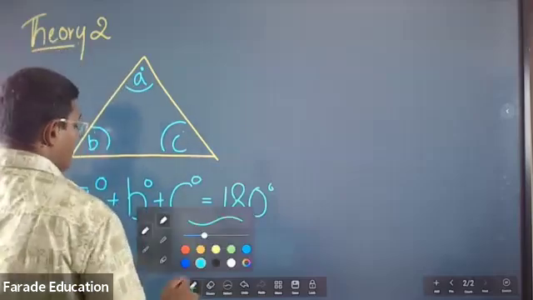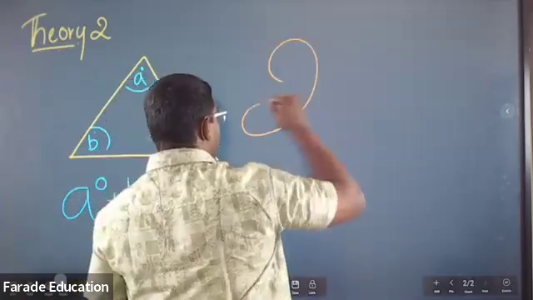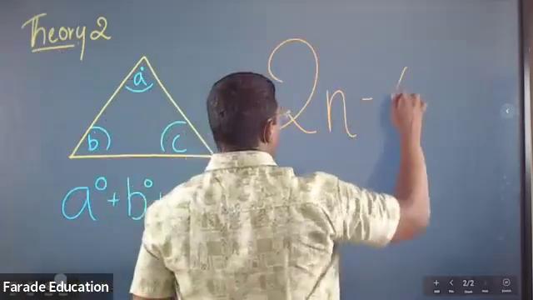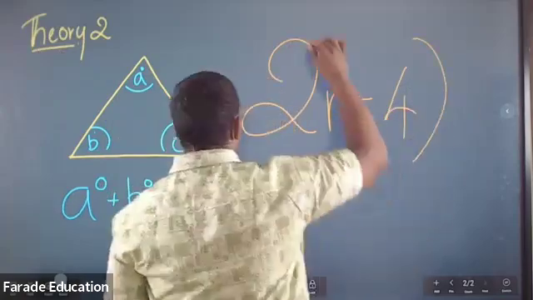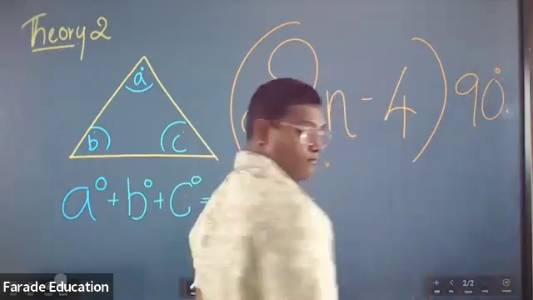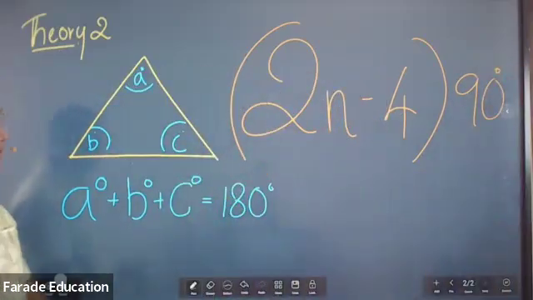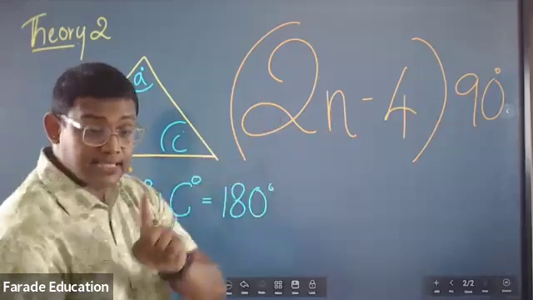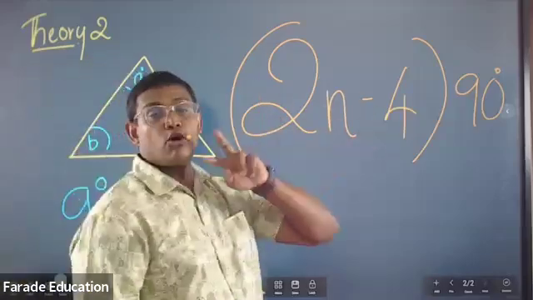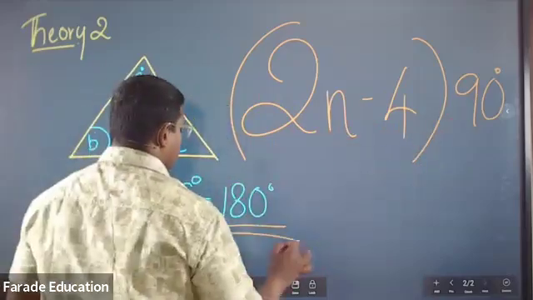Last week, I taught you a formula. When the number of sides increases, you use this: (2n minus 4) into 90 degrees. So here, the number of sides is 3. 2 into 3 is 6. 6 minus 4 is 2. 2 into 90 is 180.